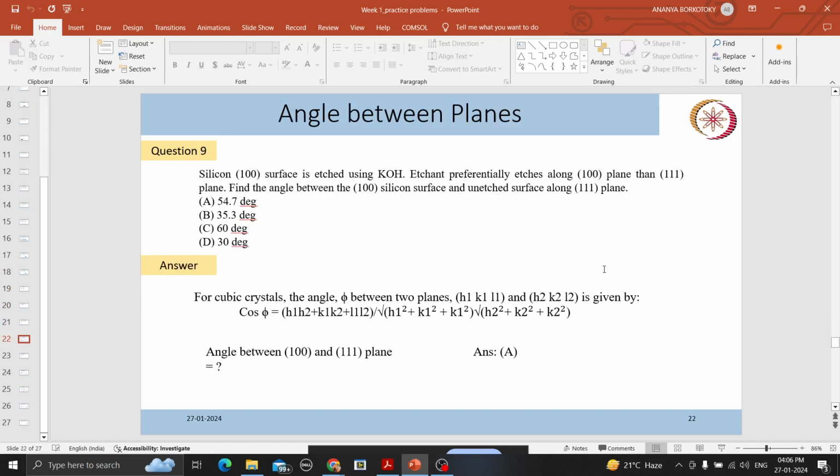Yeah. If you want, we can discuss atomic density in different planes in the next class also, but I think you'll be able to calculate by yourself.